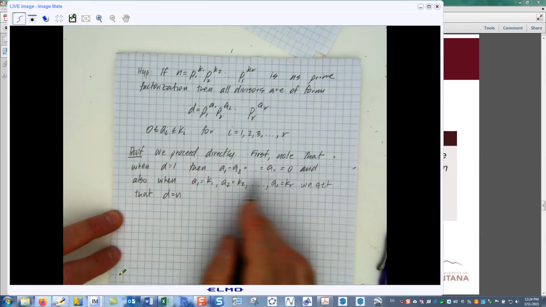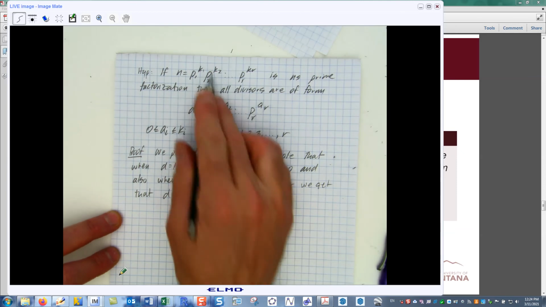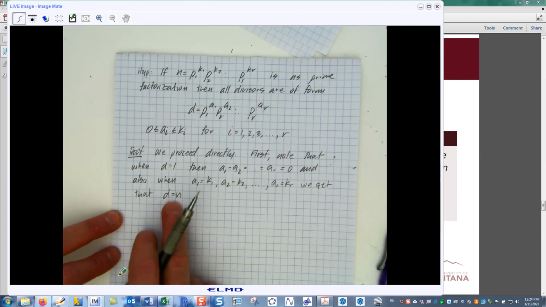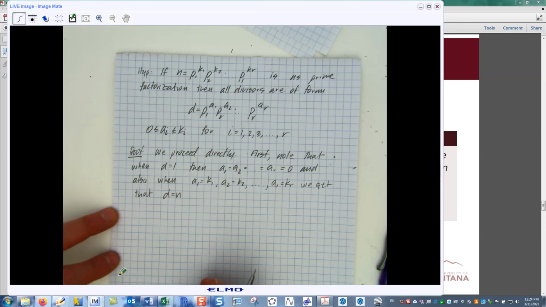So in other words, if all of these a_i's are equal to the k_i's, then d itself is equal to n, and both d equal to 1 and d equal to n are, of course, divisors. So we definitely get those two divisors by applying this form.